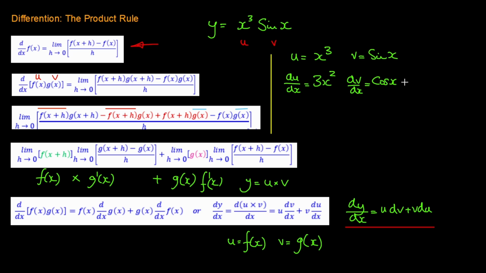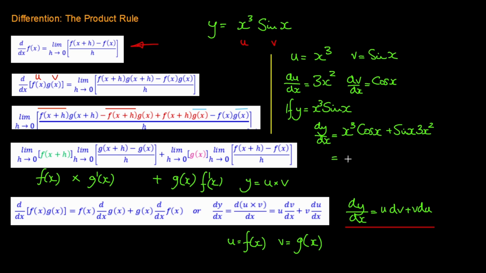Well, we've got all the constituent parts of our remembered product rule. So we can say if y equals x cubed sine x, dy/dx is equal to, we've just got to pick these off our table, u, x cubed, dv/dx, cos x, plus v, write down v, sine x, du/dx, which is 3x squared.